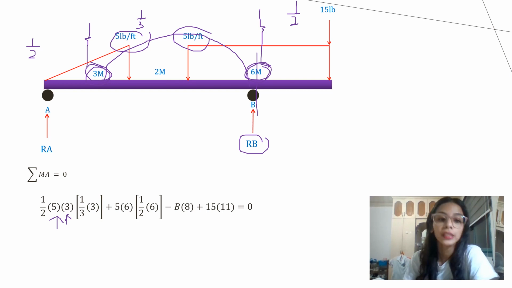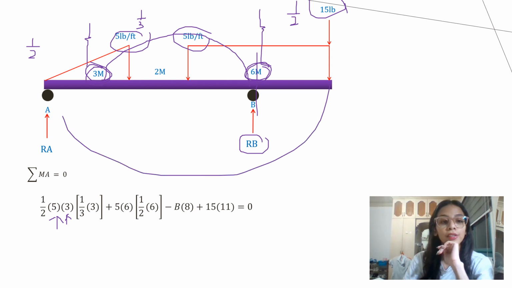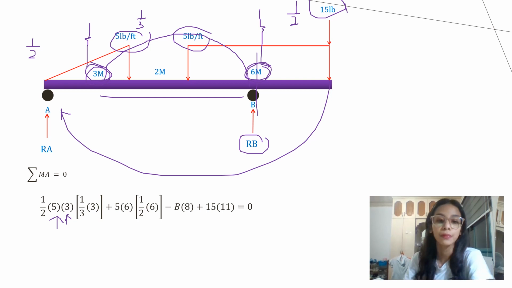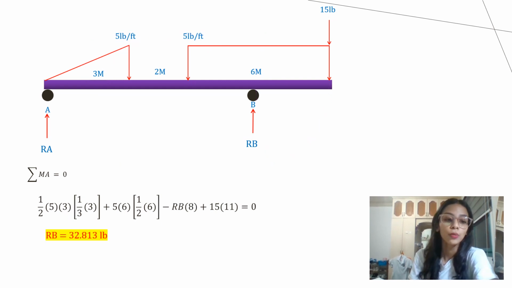Our RB times 8 plus the point load 15 clockwise to A, and the total distance is 11. So 15 times 11 equals 0. So our RB is 32.813 pounds.